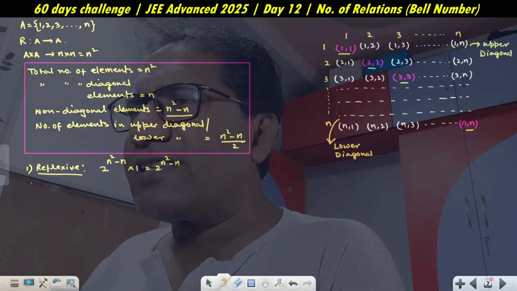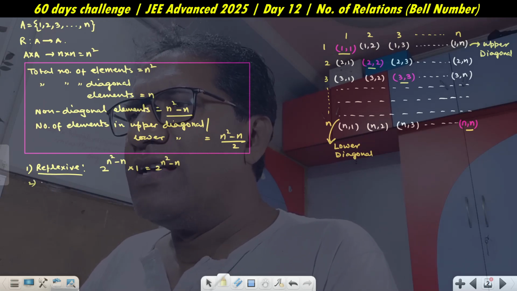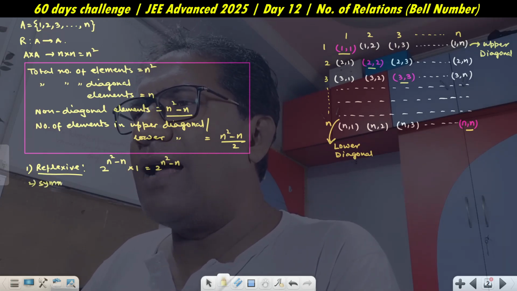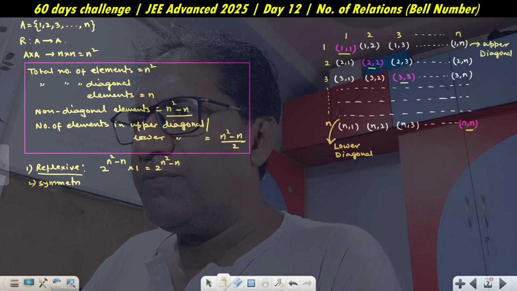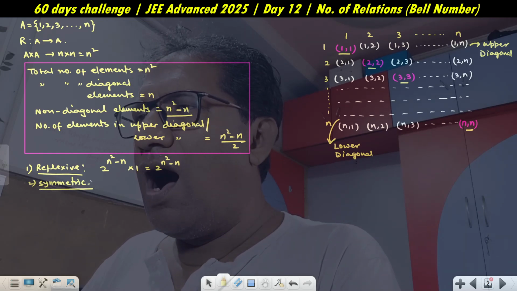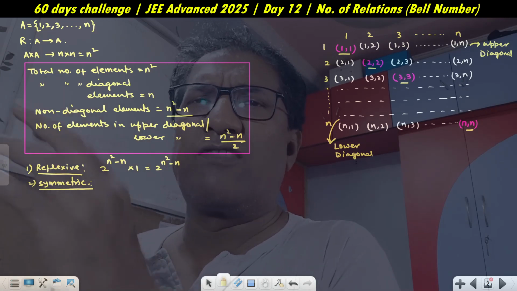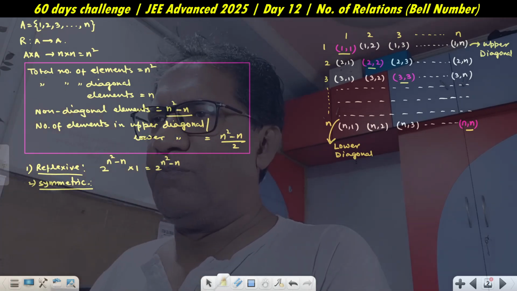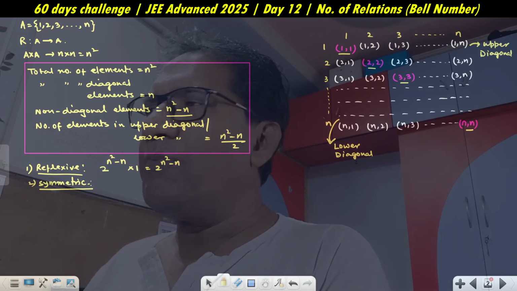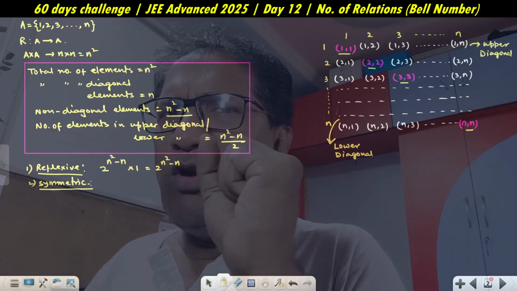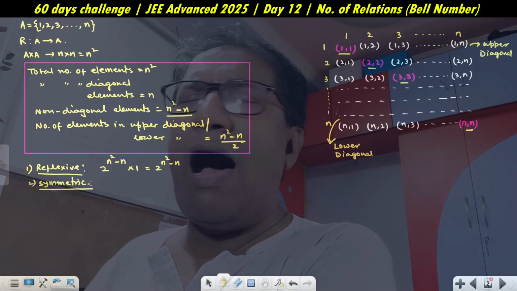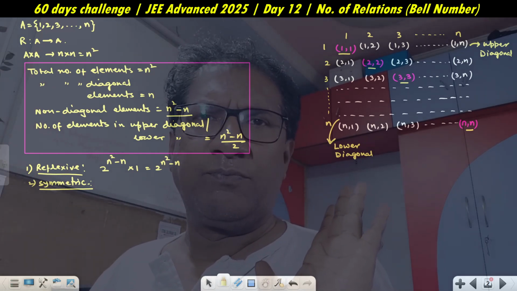Okay, now let us come to how many symmetric relations are possible, that is, the maximum number of symmetric relations possible. Now see, for the symmetric relation, you simply see either the upper diagonal or lower diagonal.